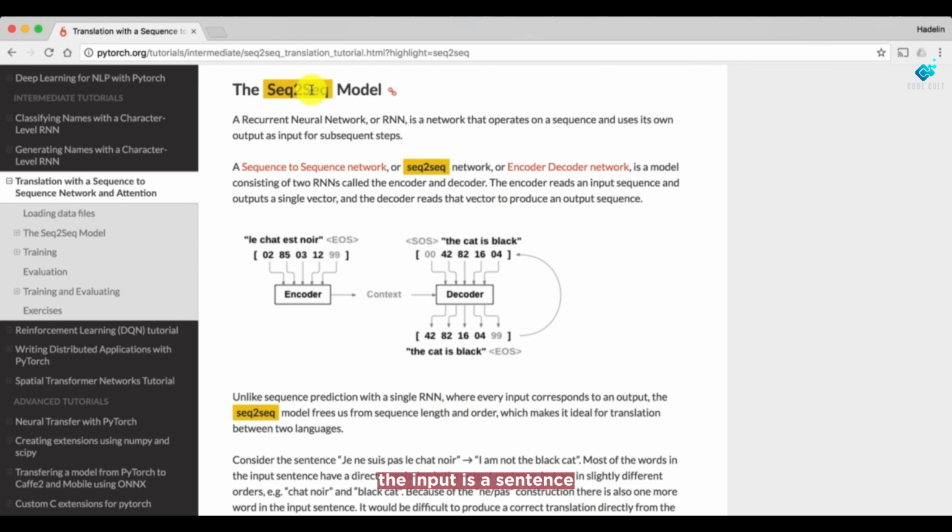In translation, the input is a sentence written in French and the output is a sentence written in English. Well, for a chatbot, the inputs and outputs are kind of the same. The input will be a question or something said by yourself, and the output will be another sentence, which is the answer of the chatbot. So basically, it's kind of the same technique, and almost the only thing that changes are the inputs and outputs.